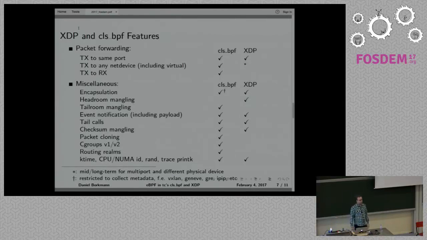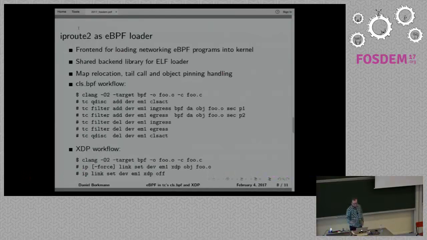That is useful if you have management daemons that listen on certain events and later update map data or programs for tail calls and so on. You have checksum mangling, you have cgroup support, and various other things.